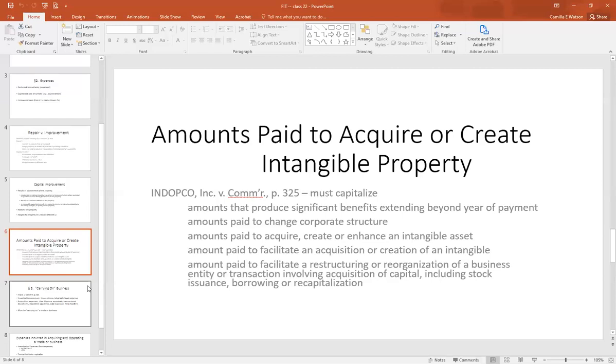Well, these regs that I mentioned to you a minute ago seem to vary significantly from the standards announced by the Supreme Court in Adopco. Most importantly, they reverse the presumption that an expenditure must be capitalized by listing expenses for created intangibles that must be capitalized.